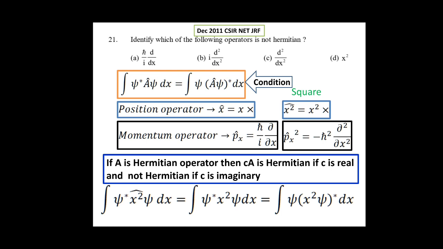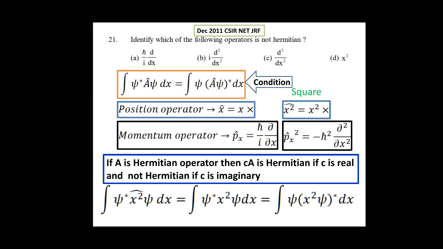Because quantum mechanics is based on these two operators, these two operators have to be Hermitian operators. In other words, these two operators are defined in such a way that they have to be Hermitian.